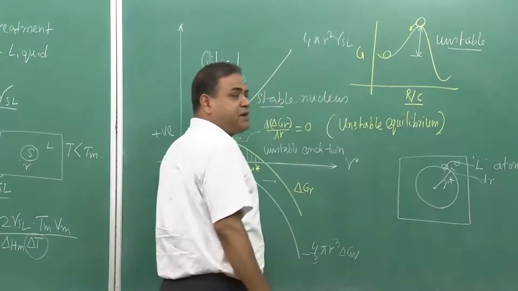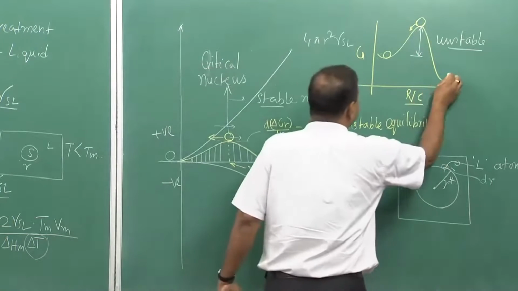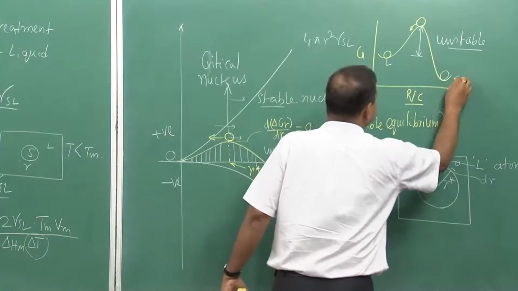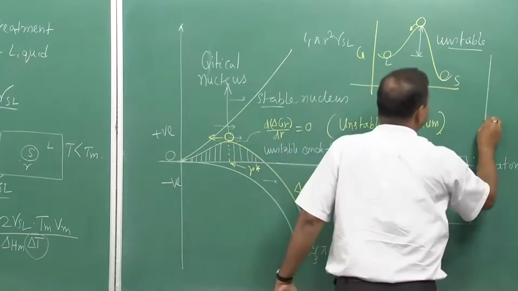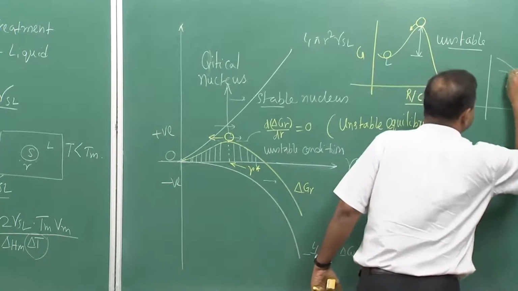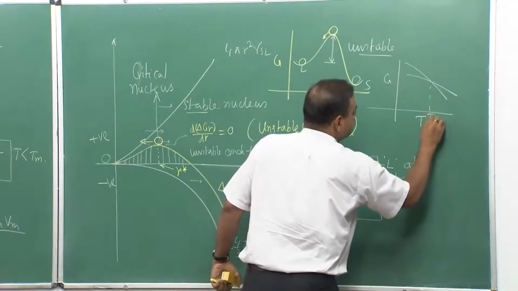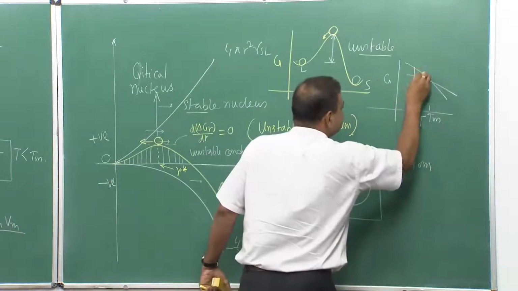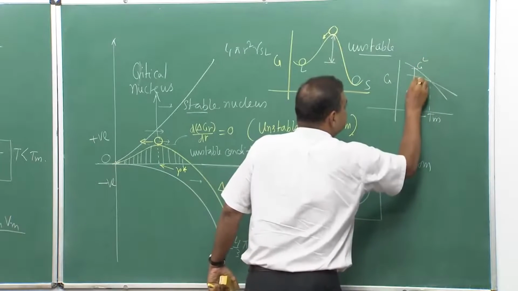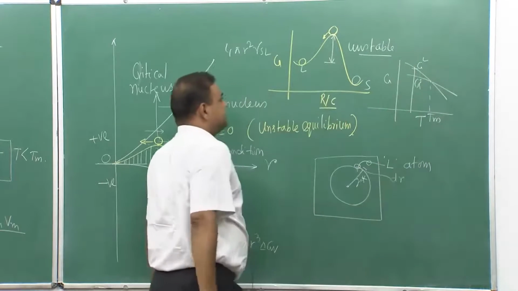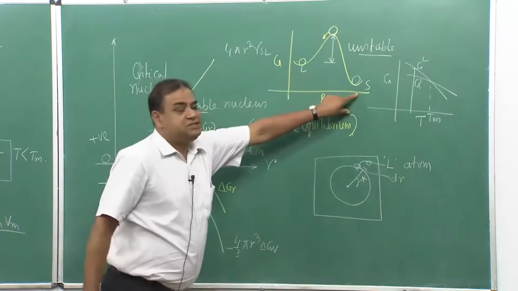is my activation barrier. So, now if this is my liquid, this is my solid, as per our understanding, this is G, this is temperature. So, this is my Tm. At any temperature T, GL is more than GS. So, this is GL, this is GS.